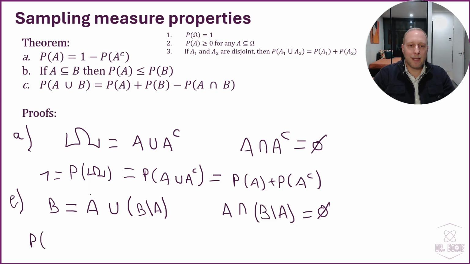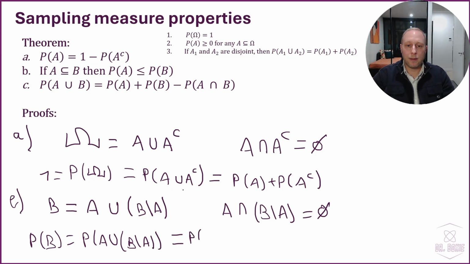And so we can write the probability of B as the probability of A union (B minus A). Because they are disjoint, we can write them using the third property of probability measures as P of A plus P of B minus A. Now we can say that this is larger than or equal to P of A alone, where I simply got rid of the P of B minus A. The reason I can say that is because of property number 2 of probability measures.